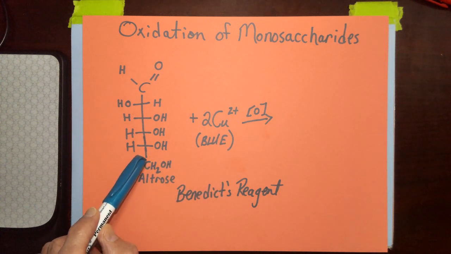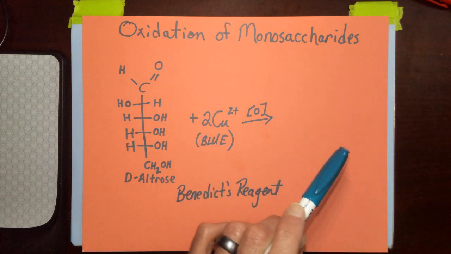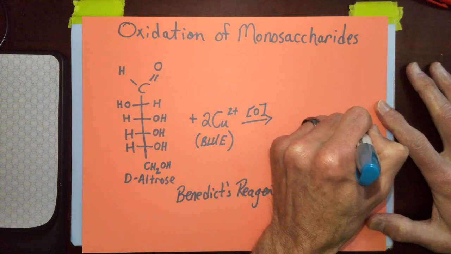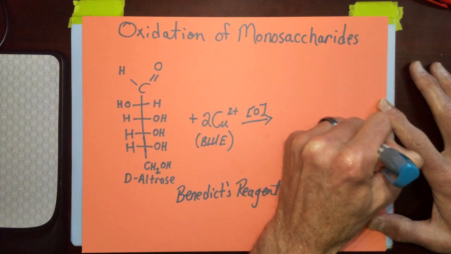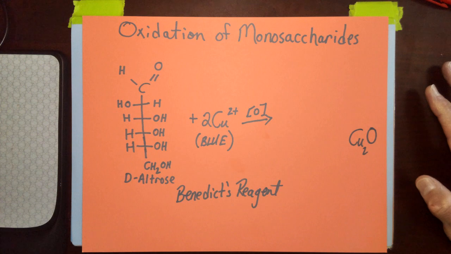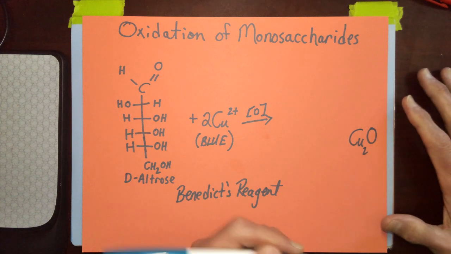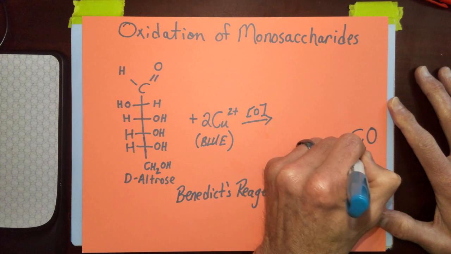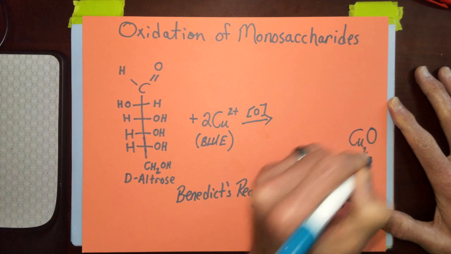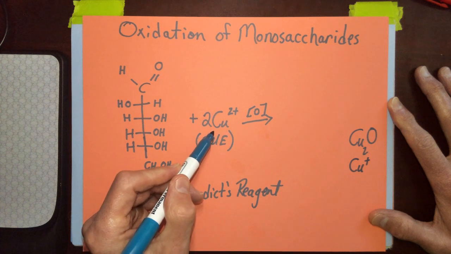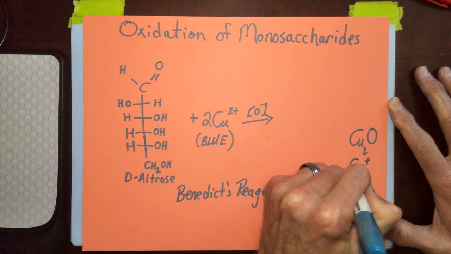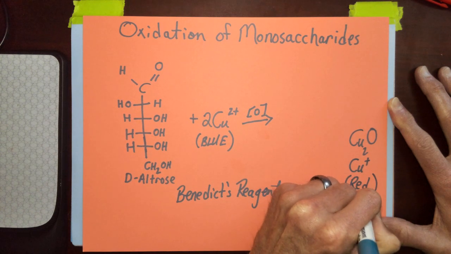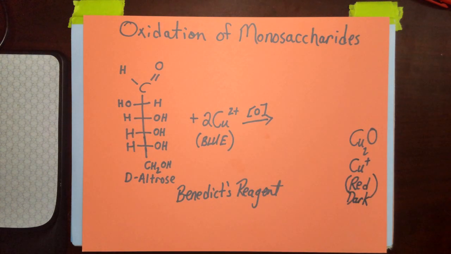When the Benedict's reagent goes through, it gets reduced and you get a brick red, deep red, burgundy color precipitate, because the copper is reduced to a +1. So it goes from this +2 to a +1 state. It makes a dark red color.